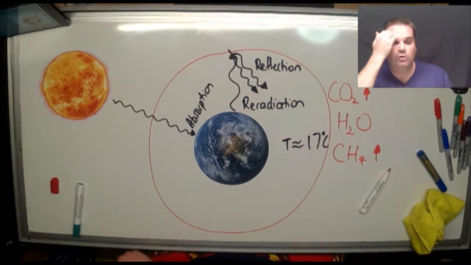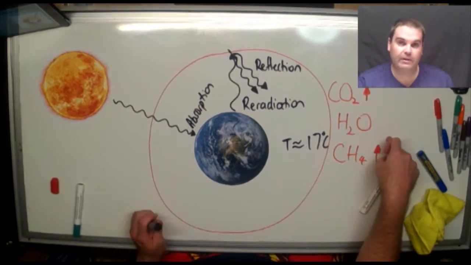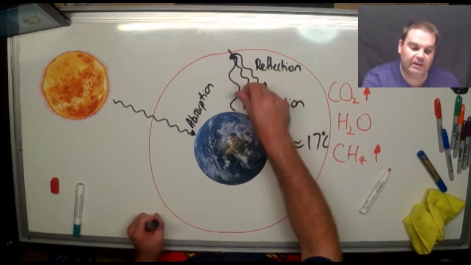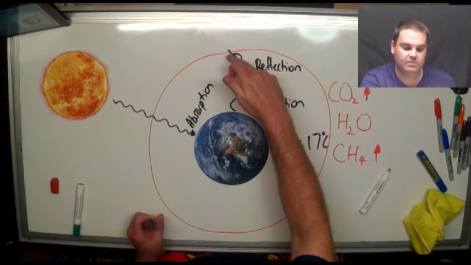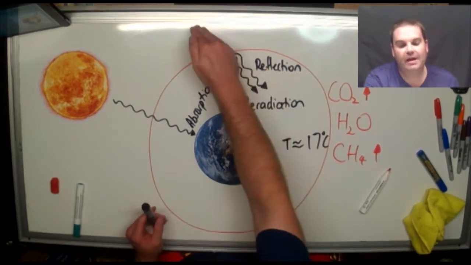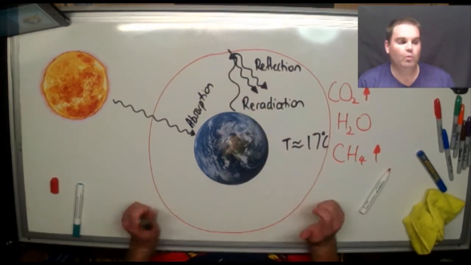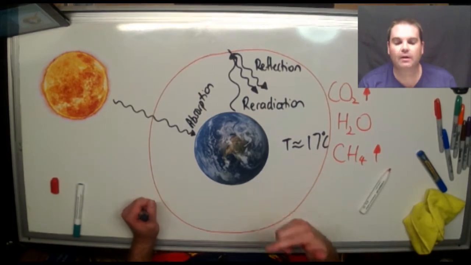Okay, so what we call the enhanced greenhouse effect is when the concentration of greenhouse gases in the atmosphere increases and the amount of re-radiated heat absorbed, so up here, is greater than the amount that's released into space. All right, the warming of the atmosphere occurs, which could lead to an increase in the mean global temperature.